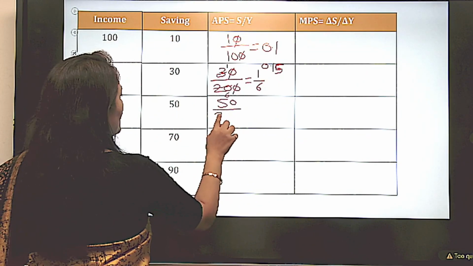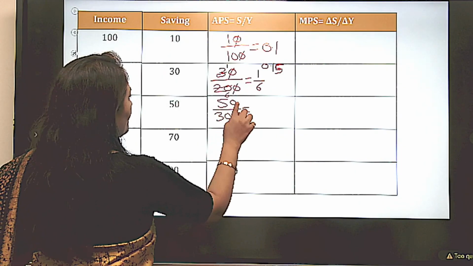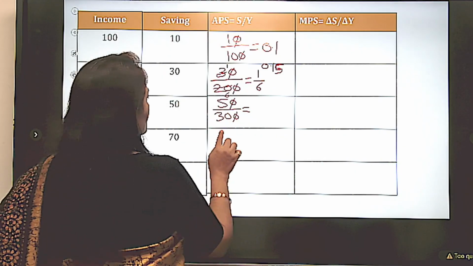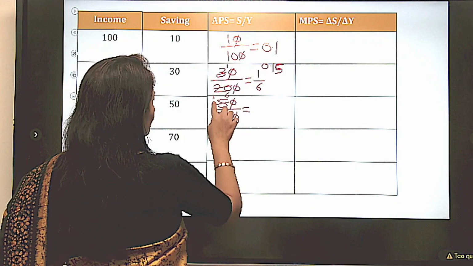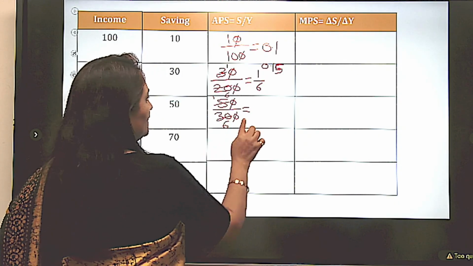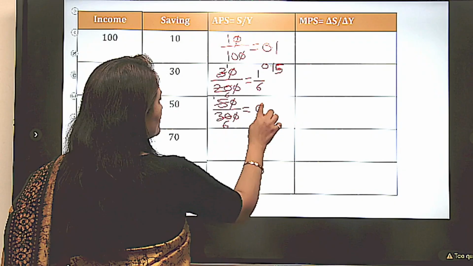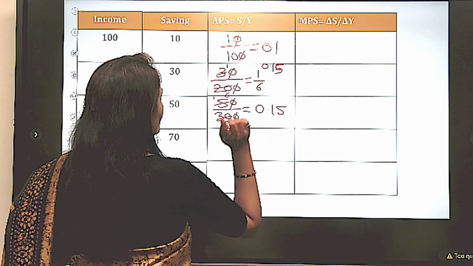Savings divided by income, 0 goes out. 5 ones are 5, 5 sixes are 30, again 1.6, so the answer will be 0.15.